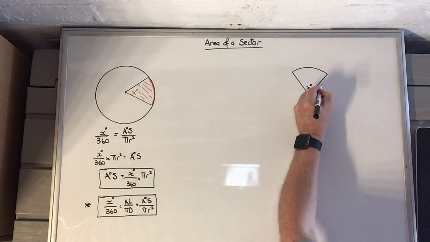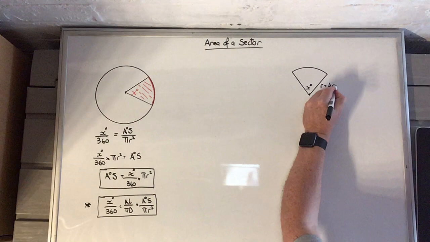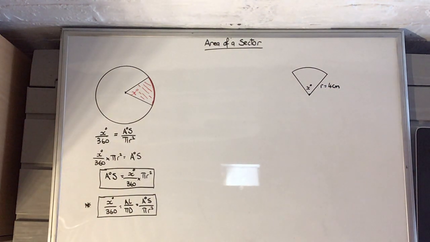Let's make the radius 4 centimetres, and we'll have to have an area, so I think I'll just come up with an area for that.